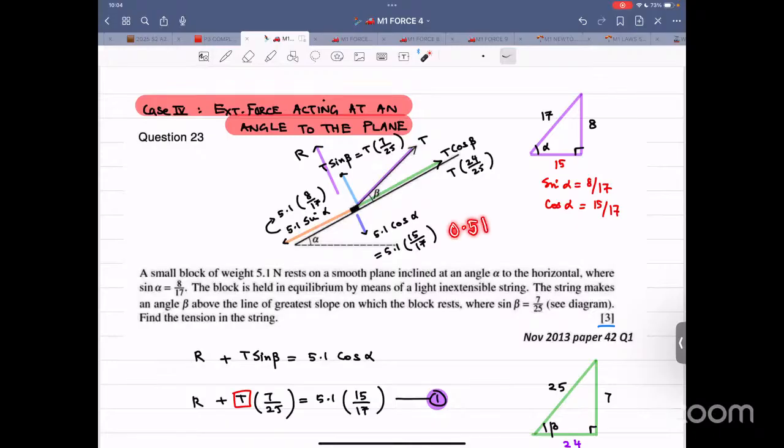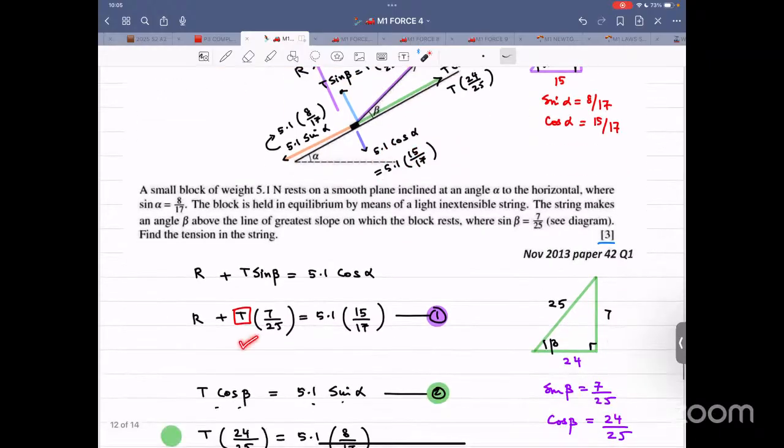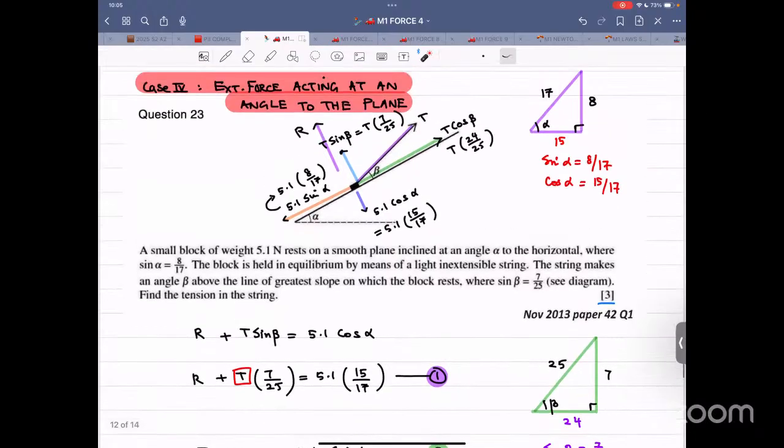That means it was 0.51 kg into 10, that is 5.1 Newton. Got the idea? So this is weight down the plane, this is weight perpendicular to the plane, and it's in equilibrium. So R plus this equals to this. That's the first equation. The next equation, T cos beta equals 5.1 sine alpha.